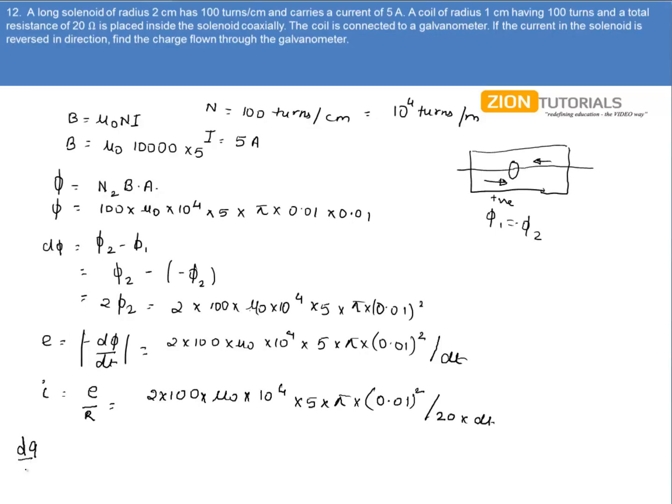So dq by dt is given by 2 into 100 into mu naught into 10 to the power 4 into 5 into pi into 0.01 whole square divided by 20 into dt. So this dt and this dt will go off. So we have the charge that flowed through the coil. On solving this equation, we get the value of Q as 2 into 10 to the power minus 4 coulomb. That is the answer.